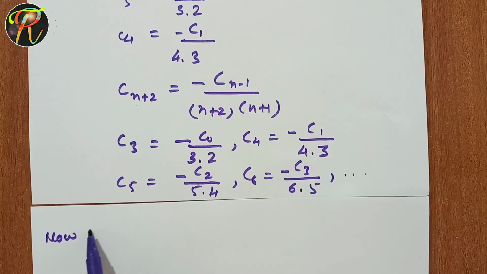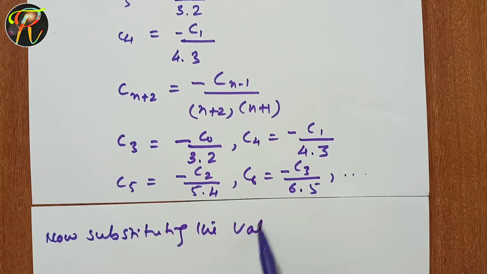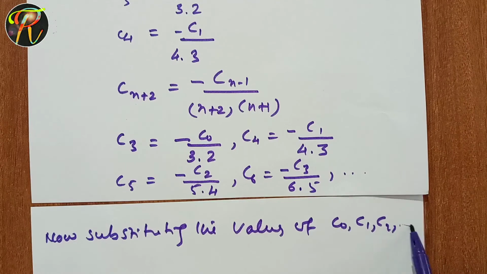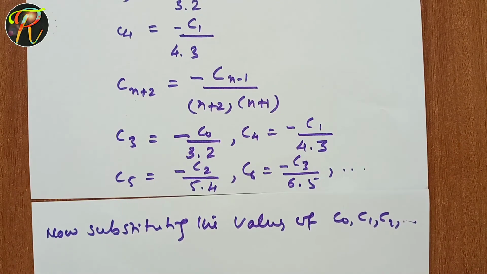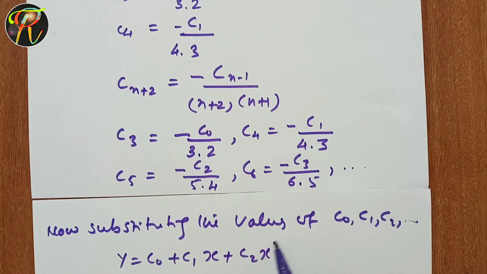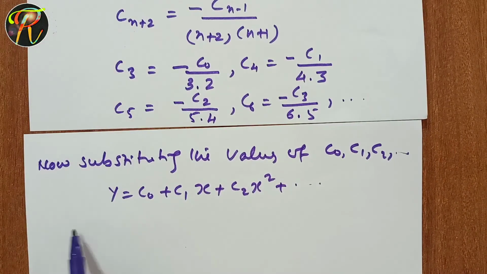Okay, substituting the values of C0, C1, C2 and so on in the given series, that is y is equal to C0 plus C1x plus C2x square plus and so on. So here y is equal to C0 as it is, plus C1 as it is.